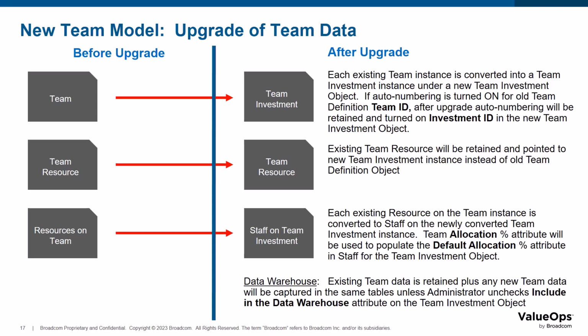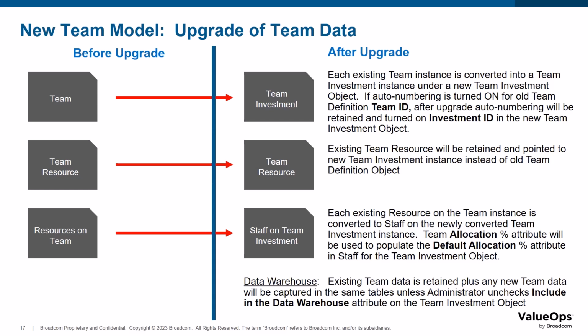Prior to upgrade, any resources that were on a team are converted into staff on the new team investment instance that they belong to. The resource's team allocation percent under the old model will be used to populate the new default allocation percent in their staff record on the new team investment object.